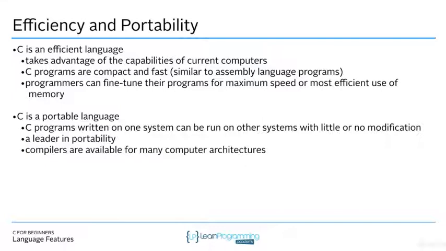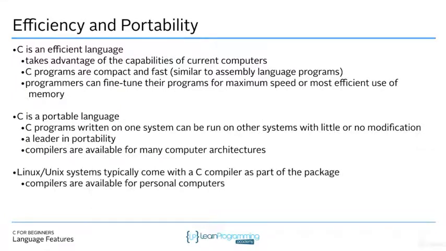In fact, C is the leader in portability, and the compilers are easily available. You can get a compiler on Windows, Linux, no problem. Linux and Unix systems typically come with a C compiler, so you don't even have to download it. Same with the Macintosh. So you can start writing C programs immediately, with no external downloads.